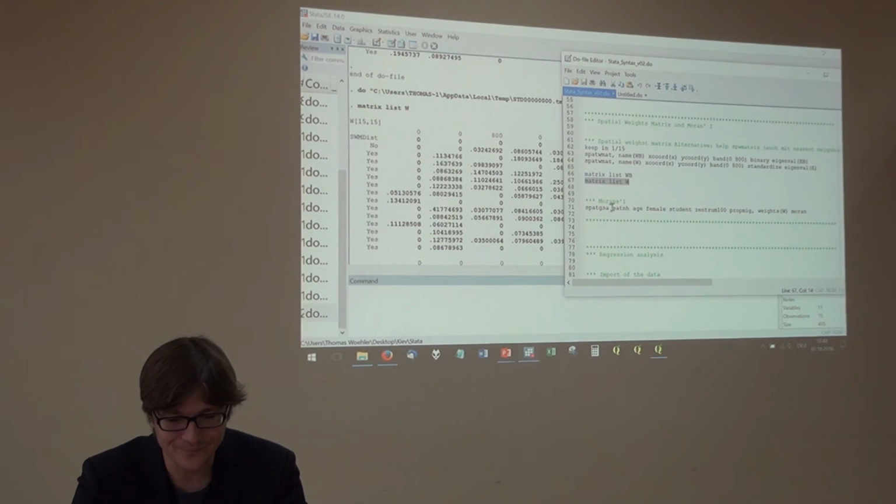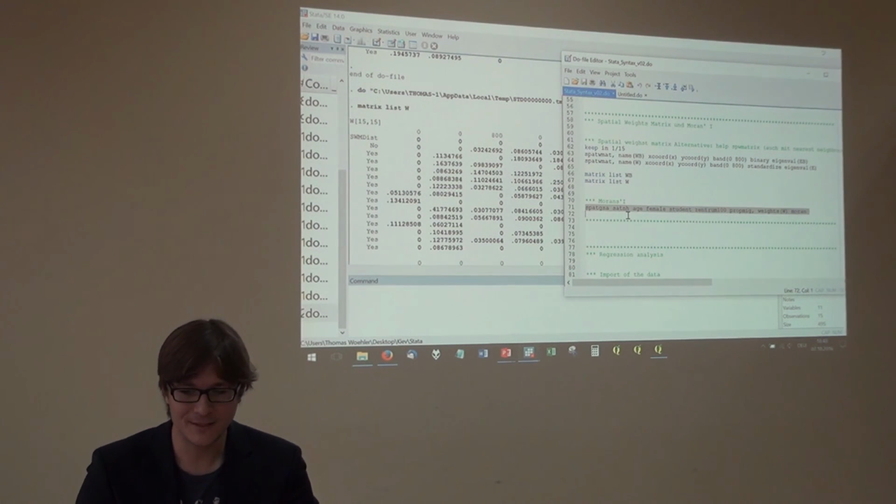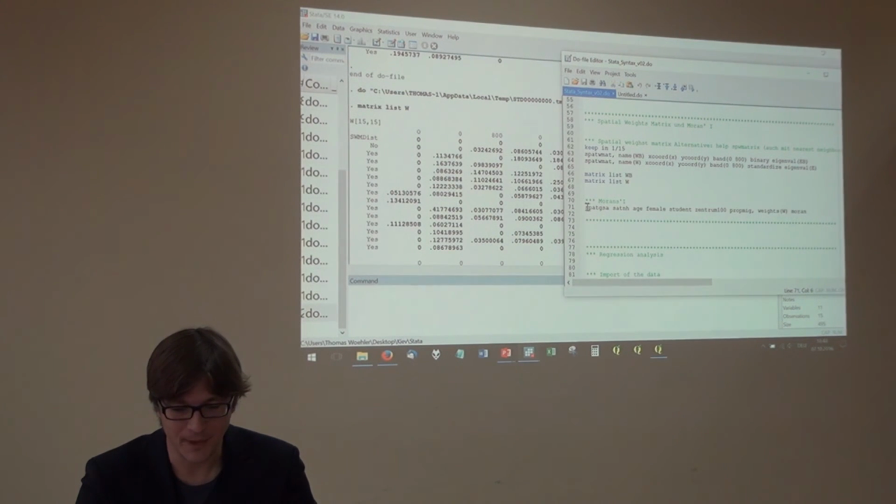Okay, now easily, when we have this spatial weights matrix, we can calculate Moran's I, and this is done with the spatgsa command. I don't know what GSA stands for, but it allows a lot of different measurements of spatial autocorrelation. Yeah, SA stands for spatial autocorrelation, I would say.